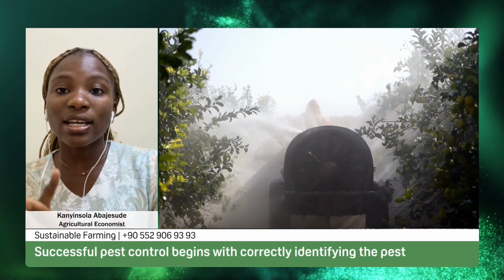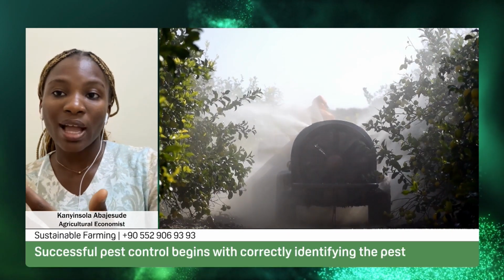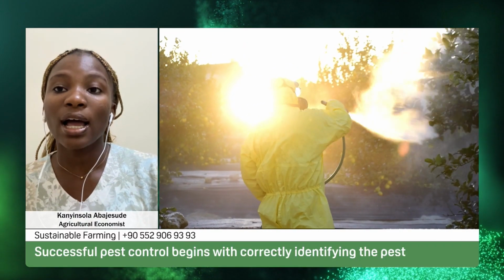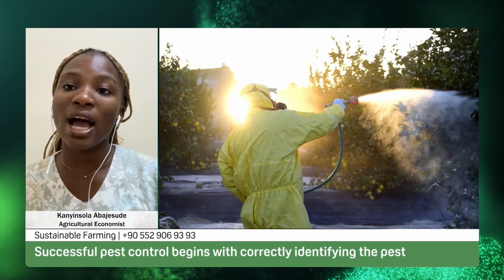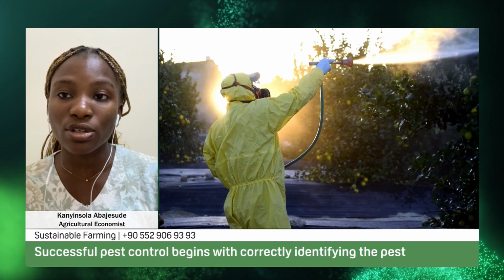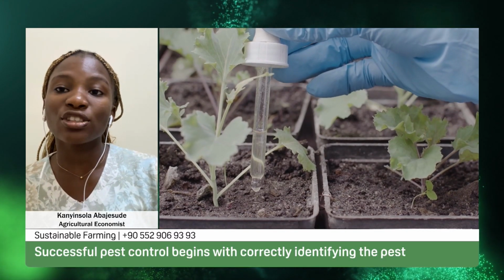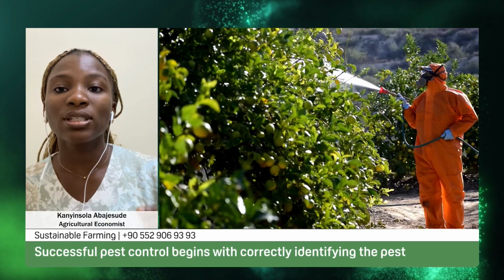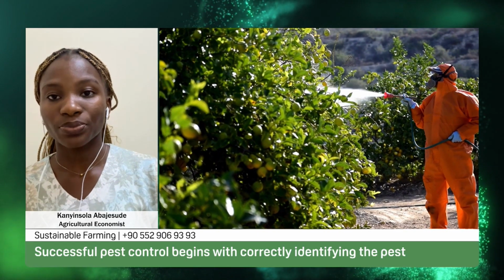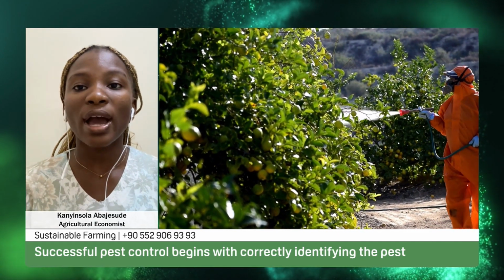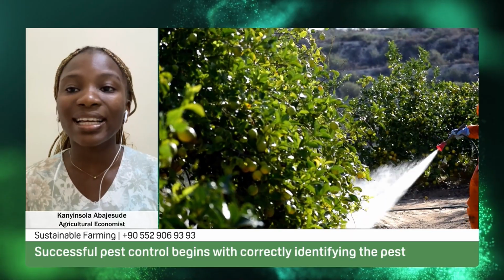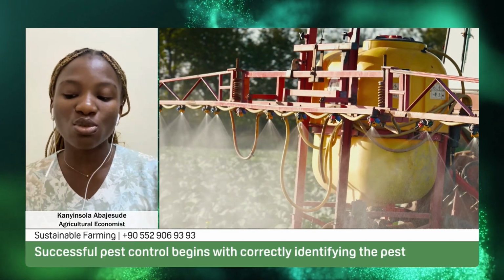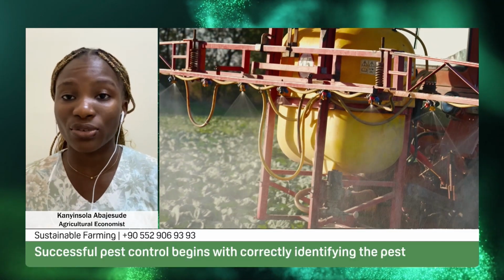You can easily take a picture of the pest and scan it through phone applications that are currently available for agricultural use, or we have extension charts where you can easily identify the pest or the damage that is being done. This will help you to easily administer pest control. Also, you can use experts or extension officers.